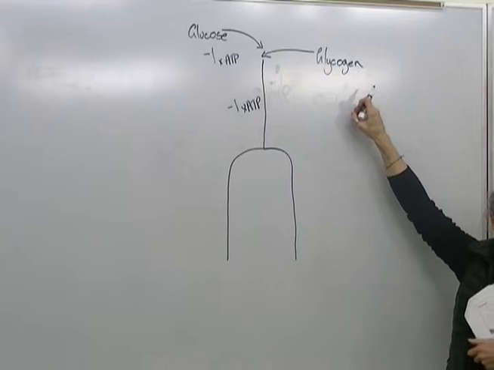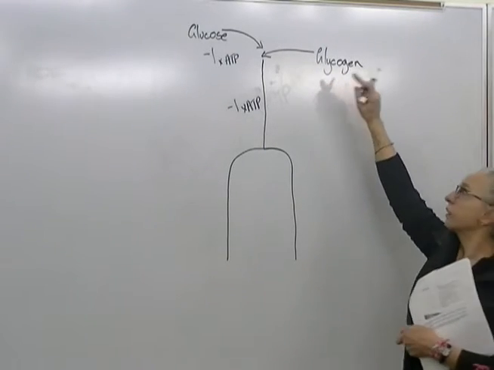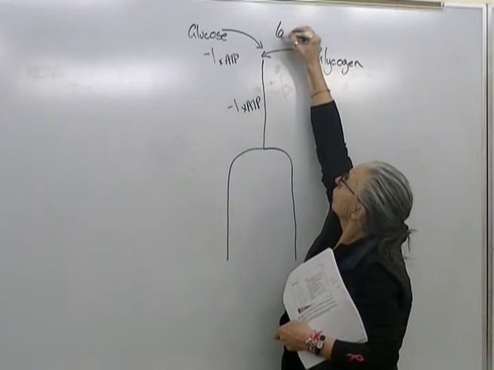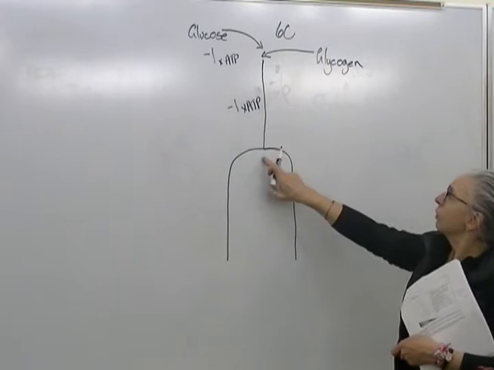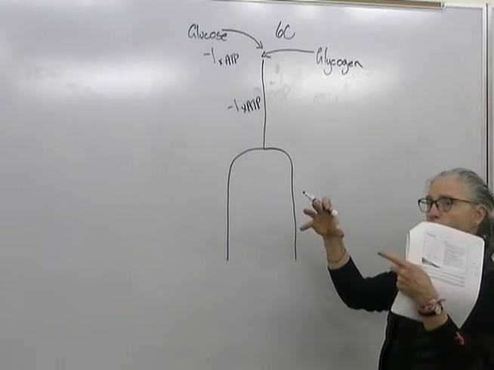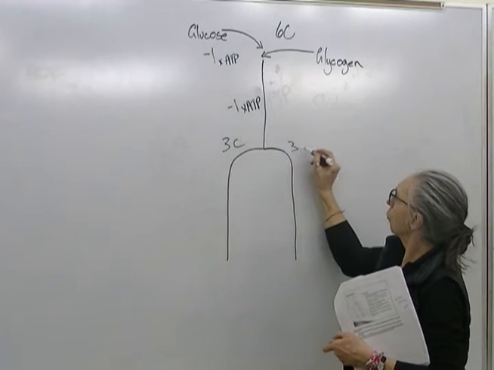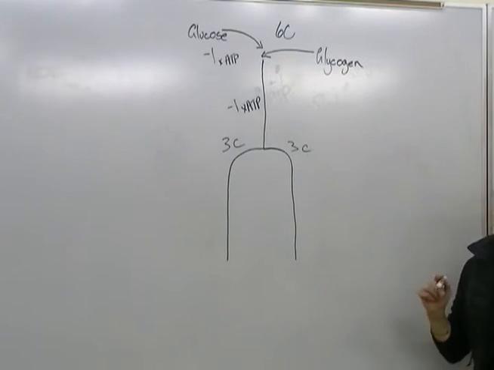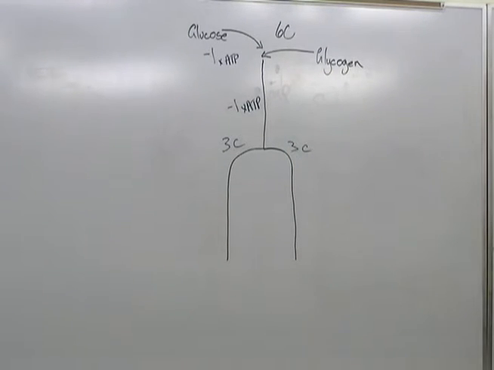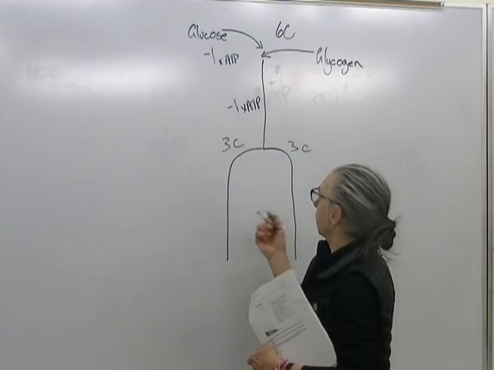All right? And then how many carbons do these have? 6 carbons. All right? So at around midway, we break a 6-carbon molecule into 2 3-carbon molecules. And then in the second half of the chain, we start to actually produce ATP.